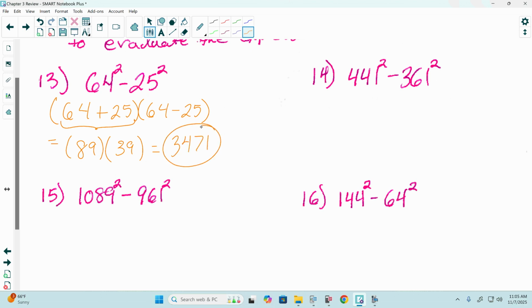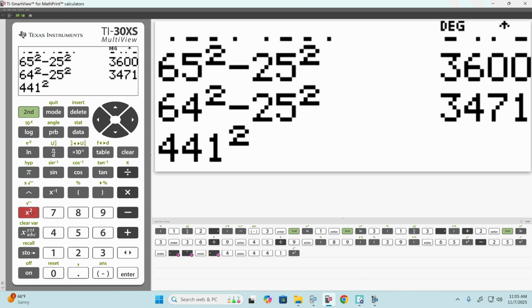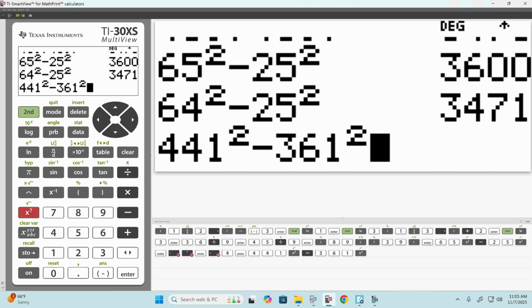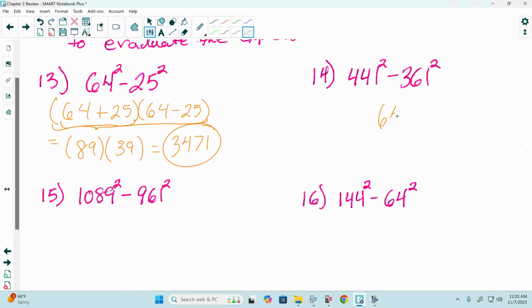Oh, wait, did I actually need to do this? No, 441 minus 361. So we don't need it. You can just plug it in, yeah.